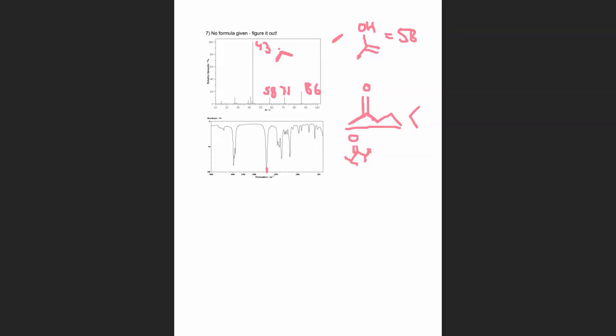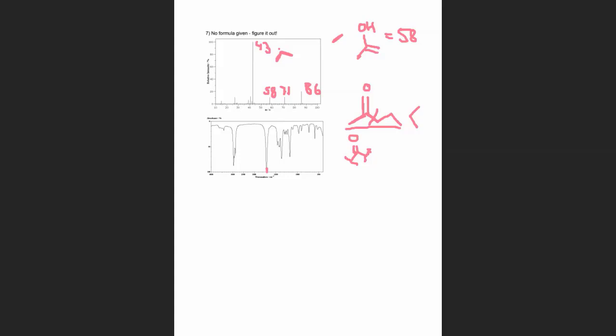Now, because we have this 43 peak, we still need to figure out where this 43 would be. And the only way I could cut 43 and still be stable is right over here. 2, 3, yeah.